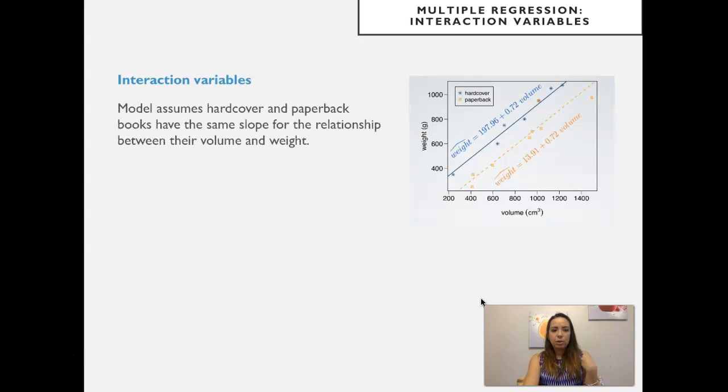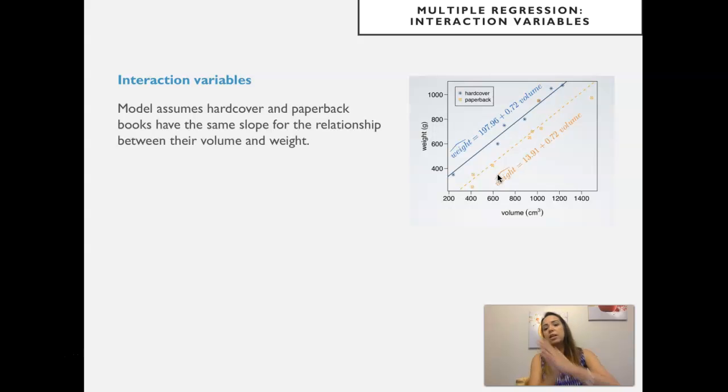Now, interaction variables. In this case, when we looked at the plot and we fit the lines, it feels like the relationship between volume and weight is the same for both books, right?